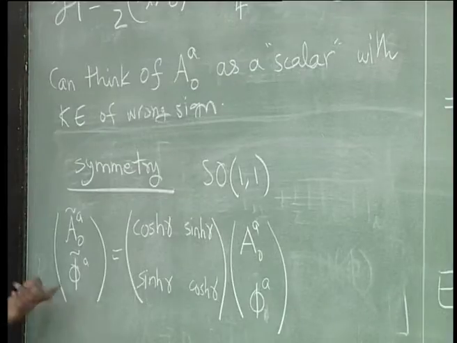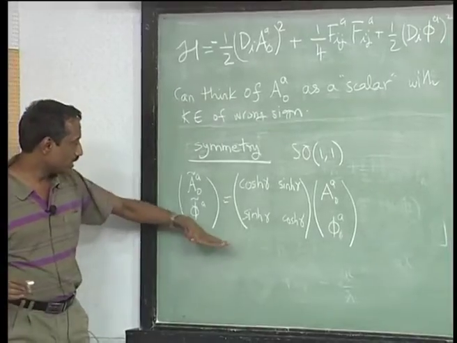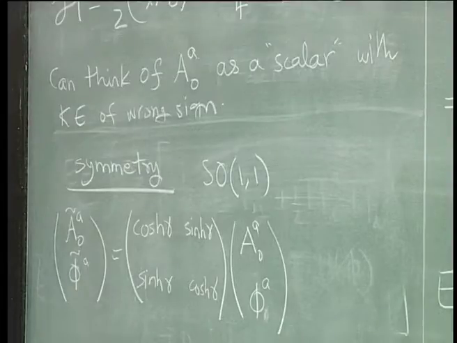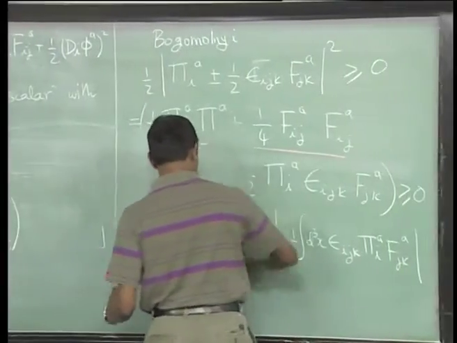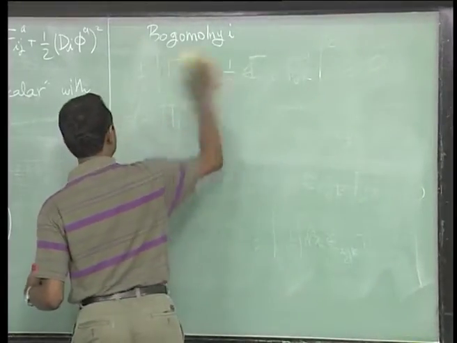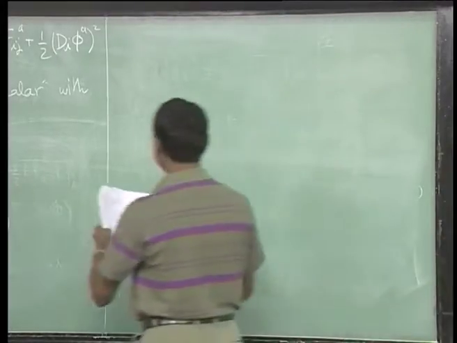What this tells you is that if you think of this as some kind of boost, you can boost this thing. So you take the solution of the monopole and just do this boost. At least at the level of solving things, it will give you a solution to the equations. And in fact, if you look at the ansatz which was written out for a dyon, something which carries both electric and magnetic charge, it was exactly of this kind.